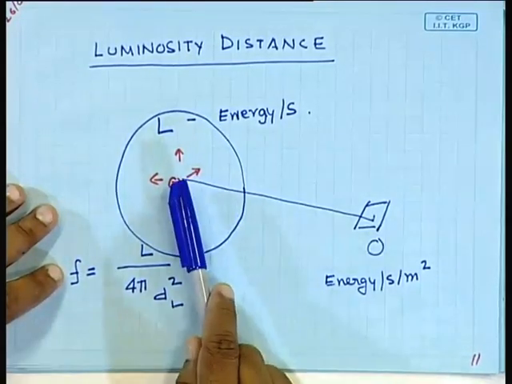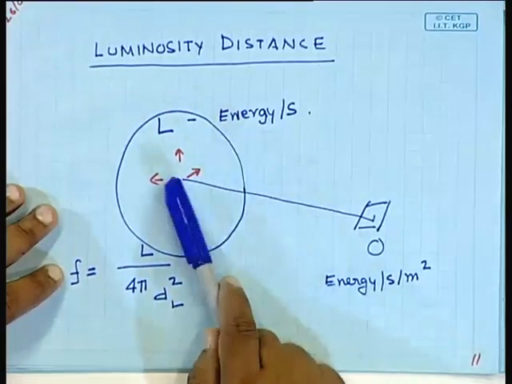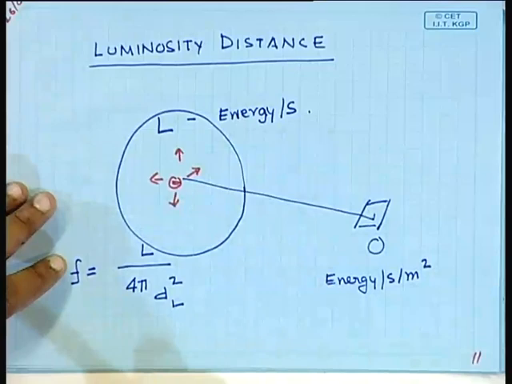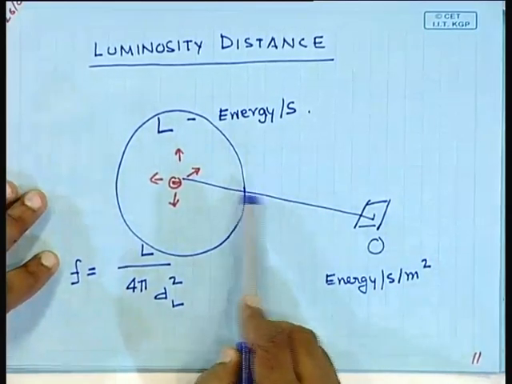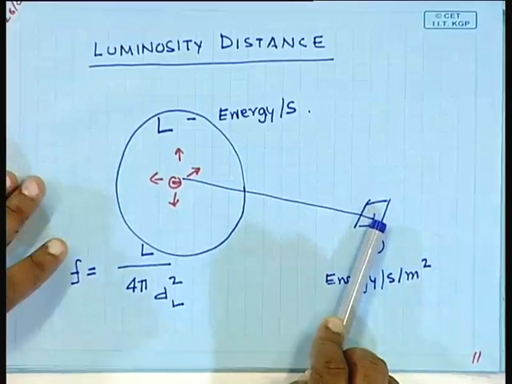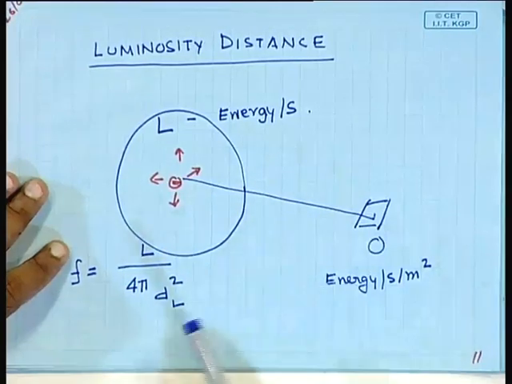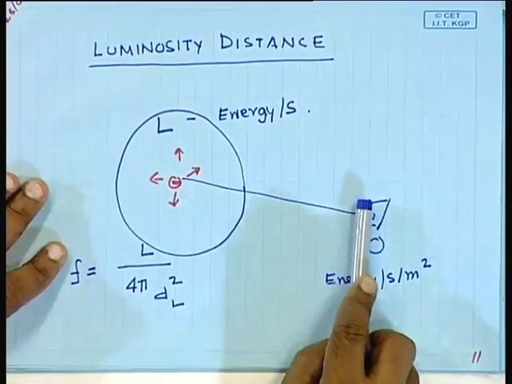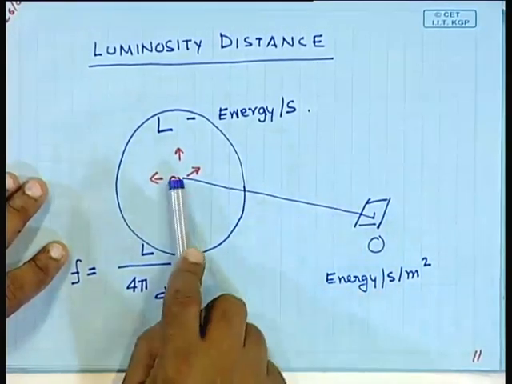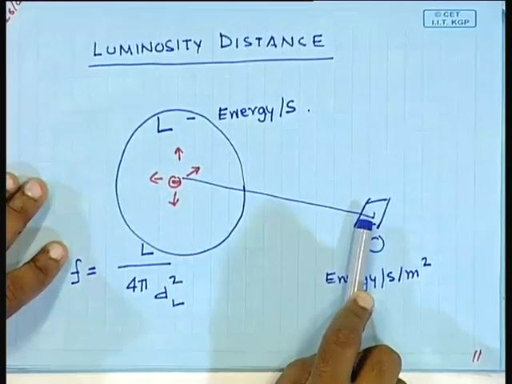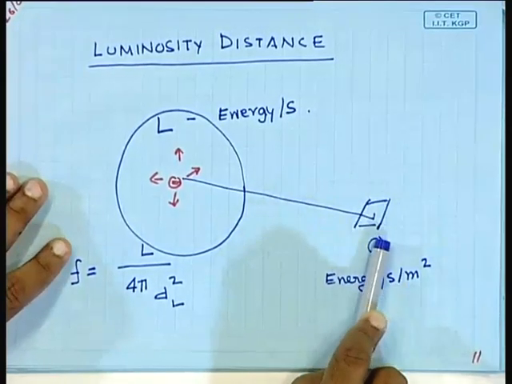The luminosity tells us the energy that comes out from the source in 1 second. The observer cannot directly measure this. What the observer can do is place a detector and find out the amount of radiation energy coming per second into this detector.